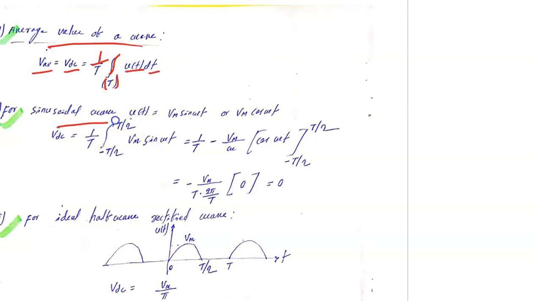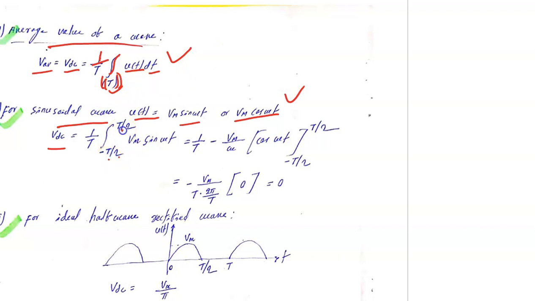For a sinusoidal wave v(t) equal to Vm sin omega t or Vm cos omega t, in both cases, you calculate Vdc using this definition, 1 upon T, with limits minus T by 2 to T by 2, or 0 to T, any period. That's why I have not specified it, so it is over any period.